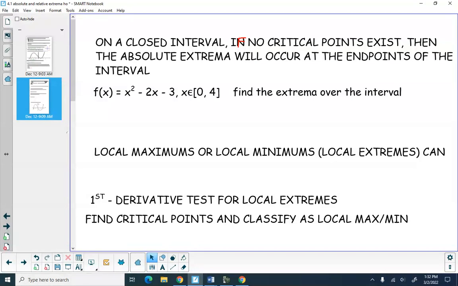Take a look at the function f of x equals x squared minus 2x minus 3. This is going to give us a parabola. I have a y-intercept at -3.